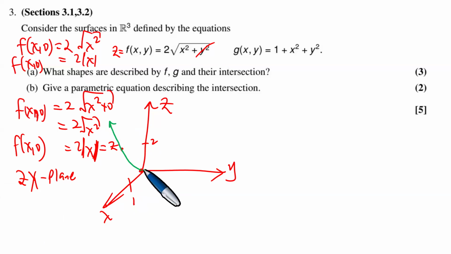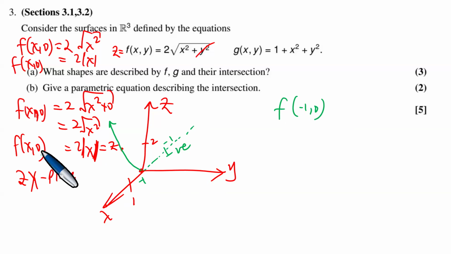But the x-axis also proceeds the other way. This is positive x and this is negative x. So you can also take x equal to -1 in this equation.